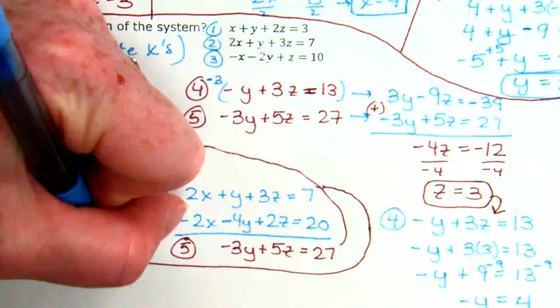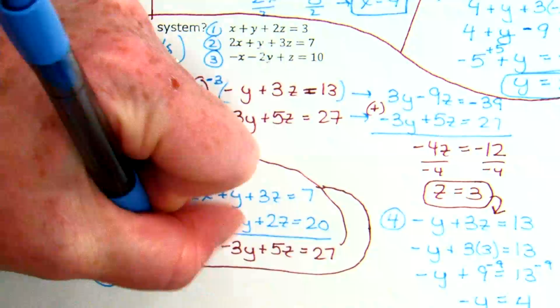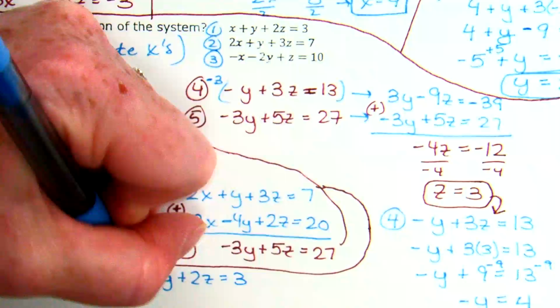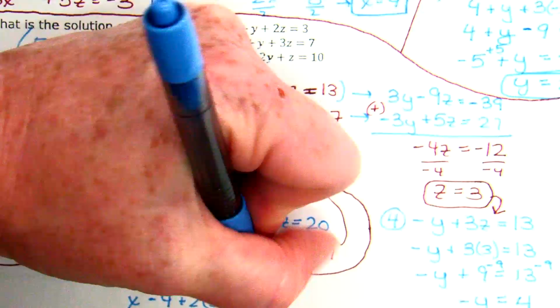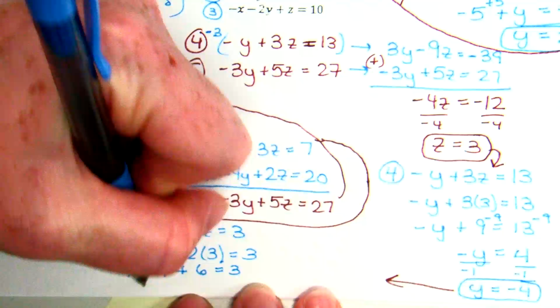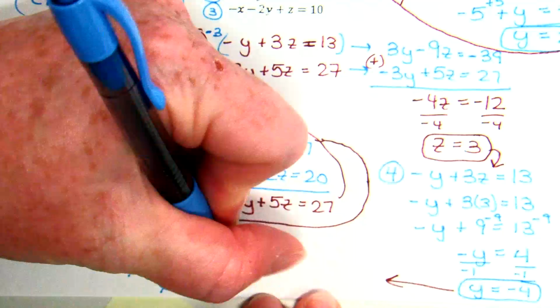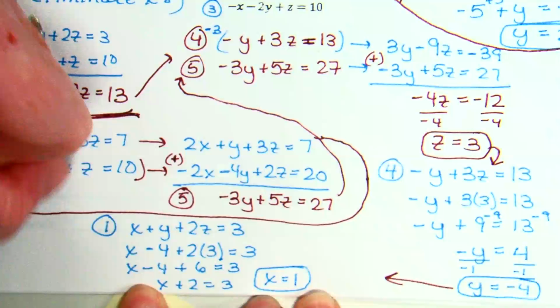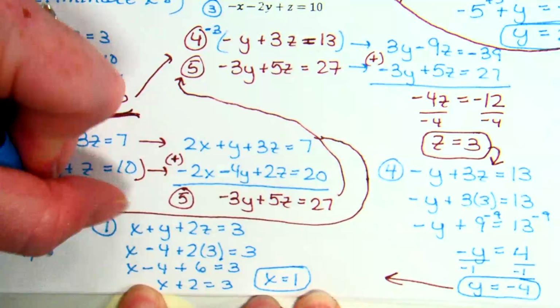I'll use 1, I guess. x plus y plus 2z equals 3. So, x plus negative 4 plus 2 times 3 equals 3. Negative 4 plus 6 equals 2. x plus 2 equals 3. Subtract 2. x is 1. Ordered triple: 1, negative 4, 3.